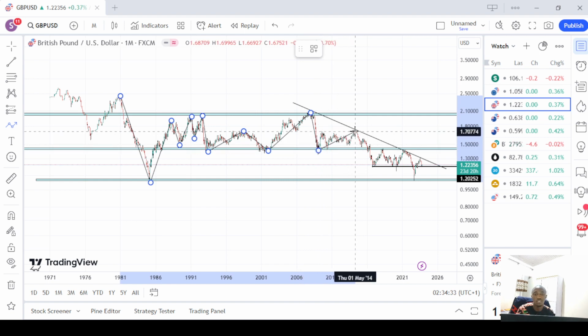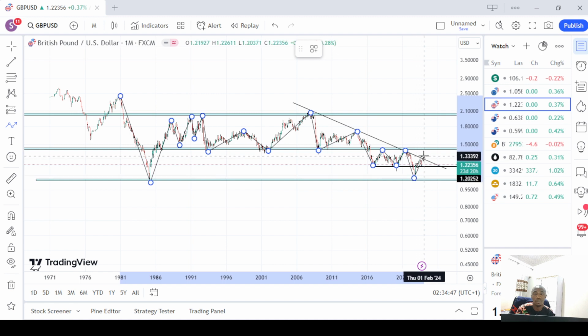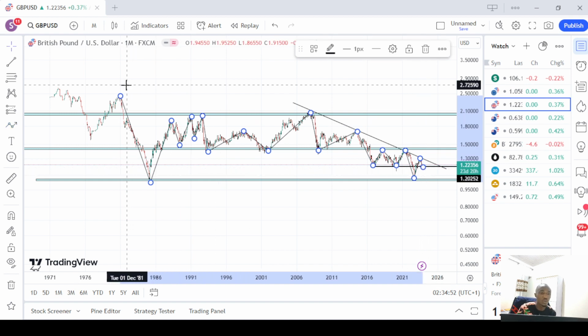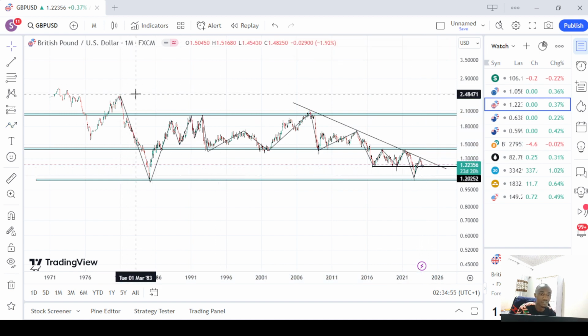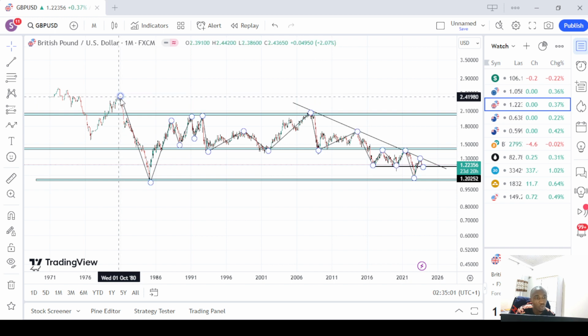Let me just wrap all of this here, like this, then down, and back, and price is here now. So you can see this is where I started the market structure from.